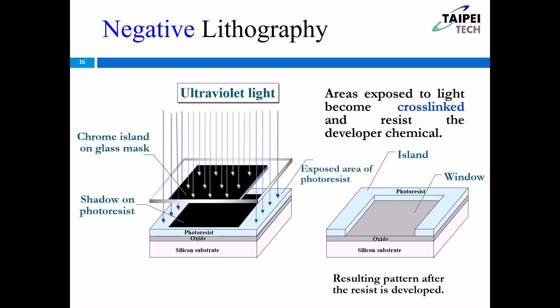But many years ago, over 40 or 50 years ago, a long time ago, we used the negative photoresist because it's cheaper. Negative PR is much cheaper.